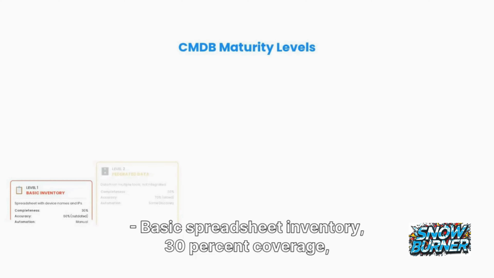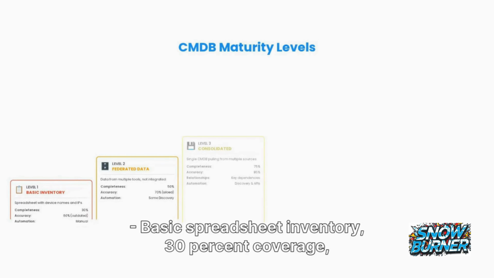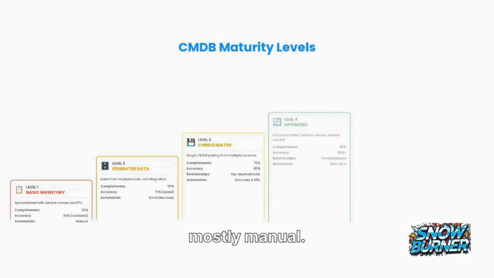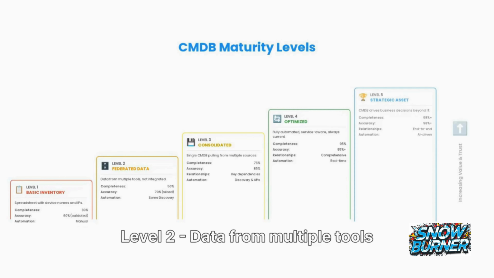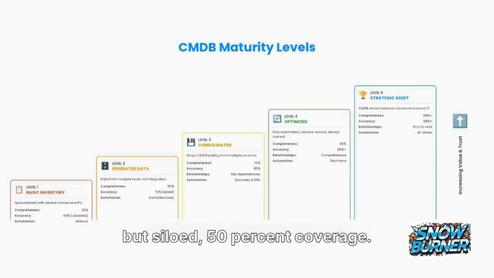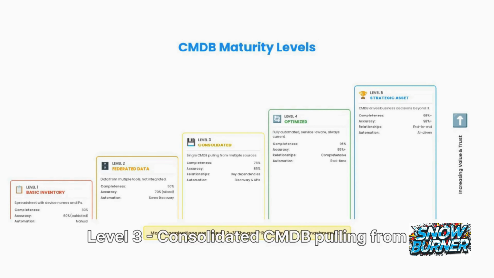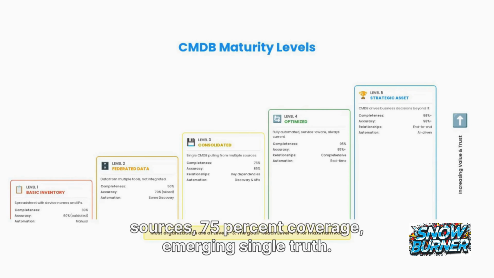CMDB maturity has 5 levels. Level 1, basic spreadsheet inventory, 30% coverage, mostly manual. Level 2, data from multiple tools but siloed, 50% coverage. Level 3, consolidated CMDB pulling from sources, 75% coverage, emerging single truth.